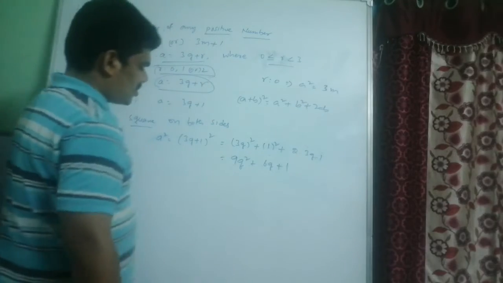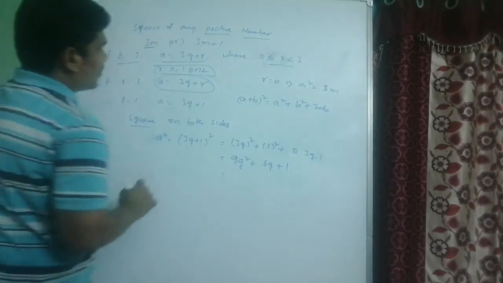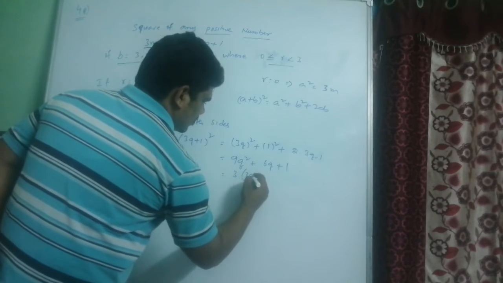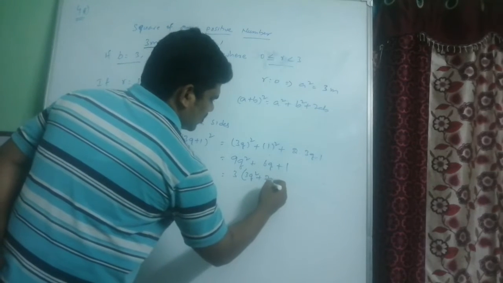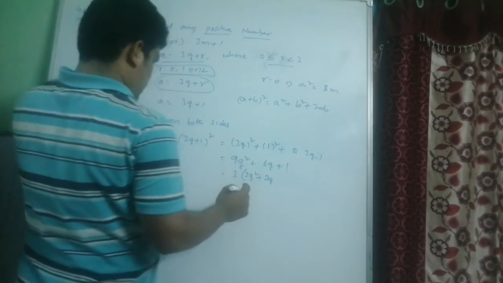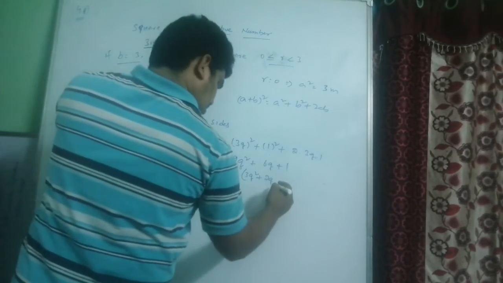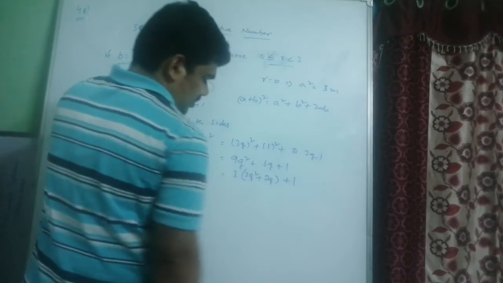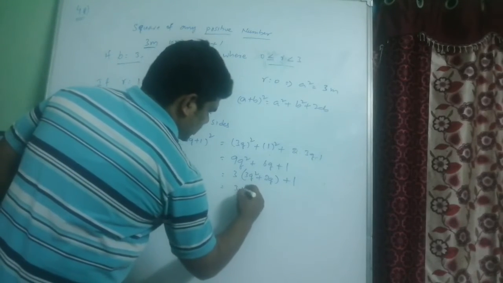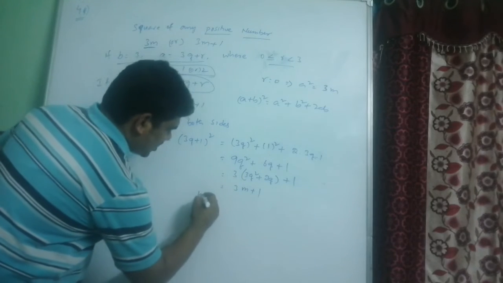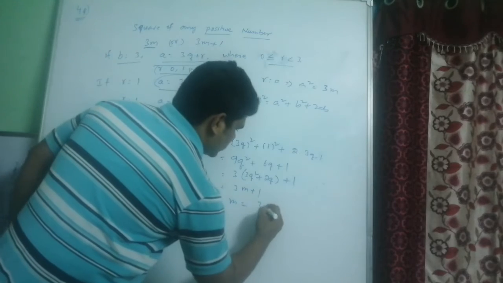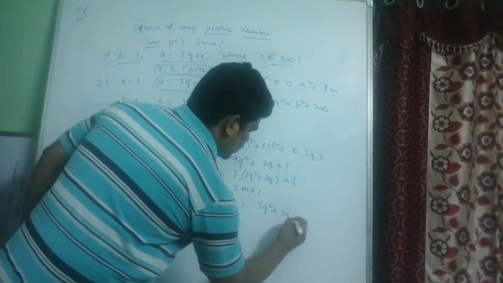So in this one we have to take 3 as common. So 3 times 3q square plus 2q, plus 1. So again this is like 3m plus 1, where m is 3q square plus 2q.